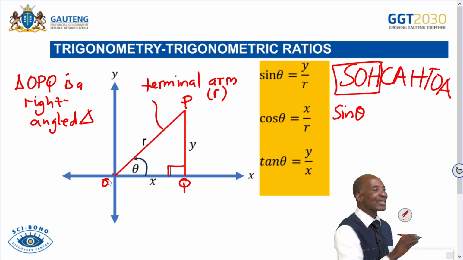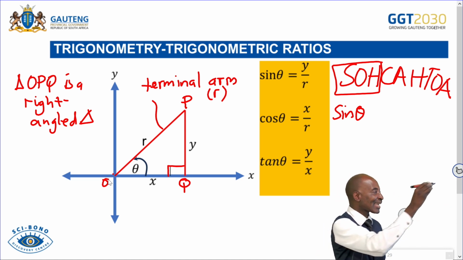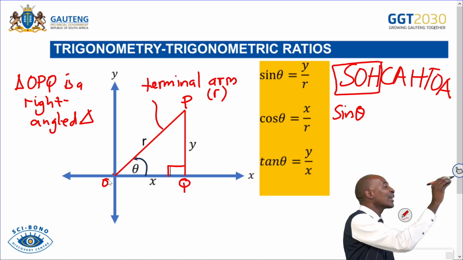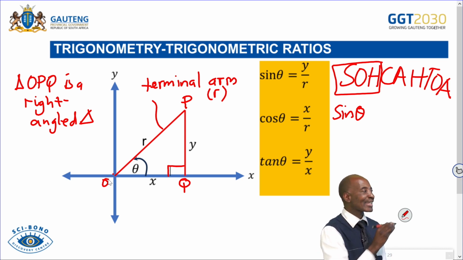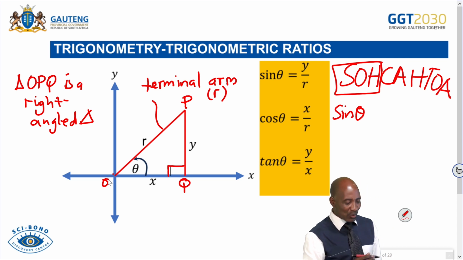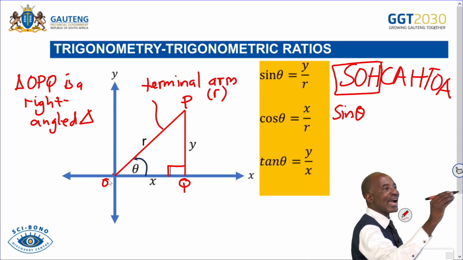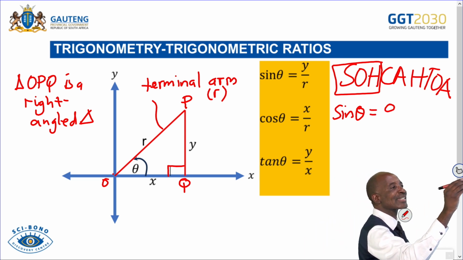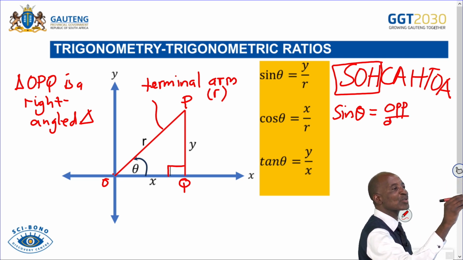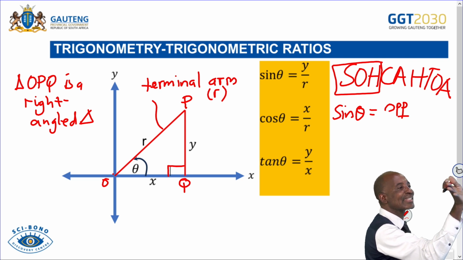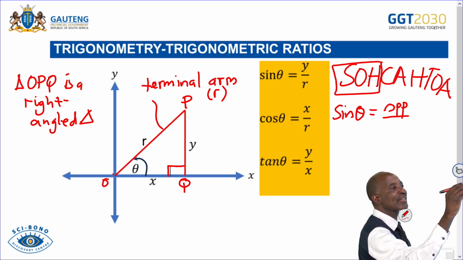Otherwise, our R, our radius, is a distance from the center to the circumference of our circle, which is at point P. So by definition, how do we define sine? Sine is equal to the opposite side divided by the hypotenuse side.